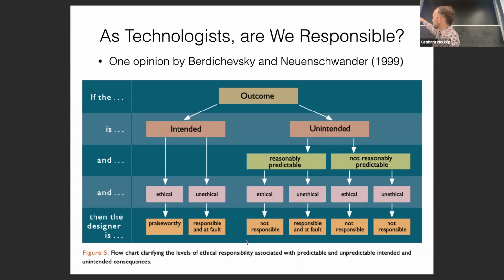If it's unintended and reasonably predictable, and it's unethical, then you should still be considered at least morally responsible, I think. So it matters less if I'm working on the system and say, well, we have this objective and we added this "the consumer is happy" objective, and so it's fine.